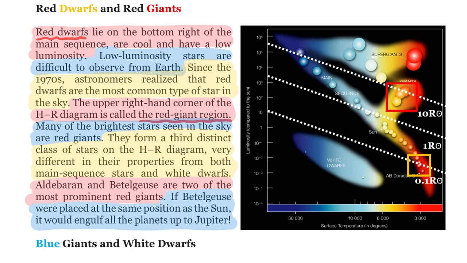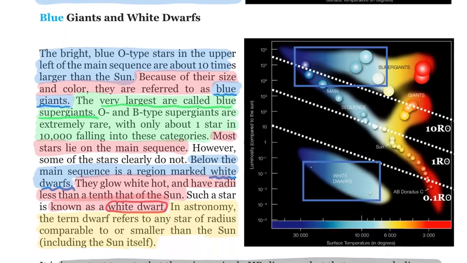So we've got Earth, then we've got Mars, then we've got Jupiter. Can you imagine the scale of a single star if it's that size? A true giant. Now let's look at blue giants and white dwarfs.